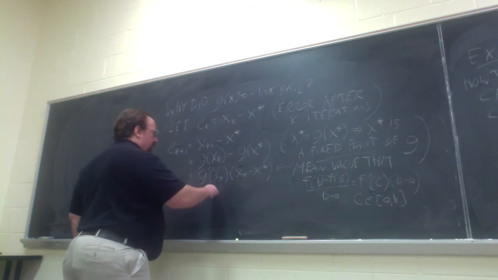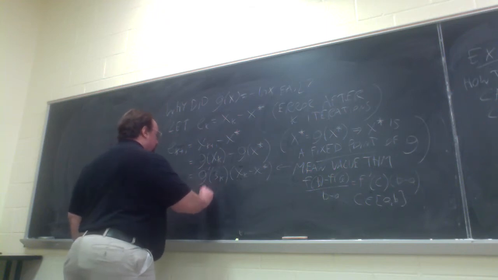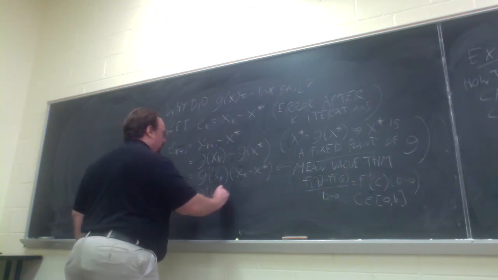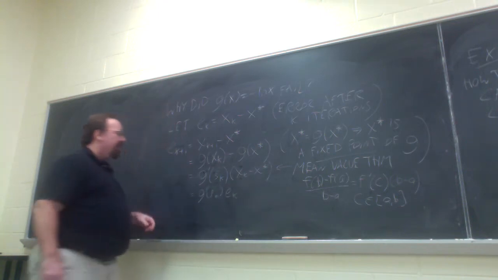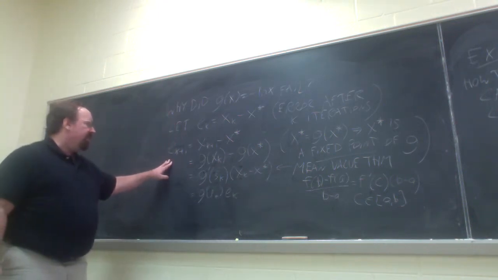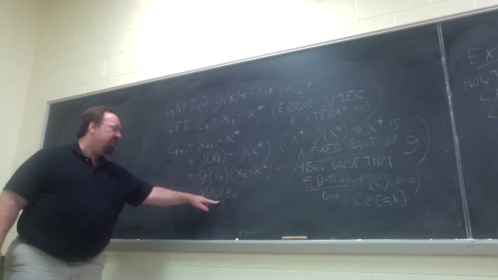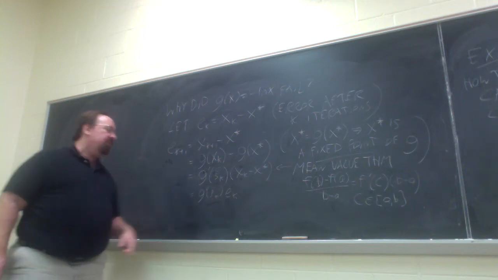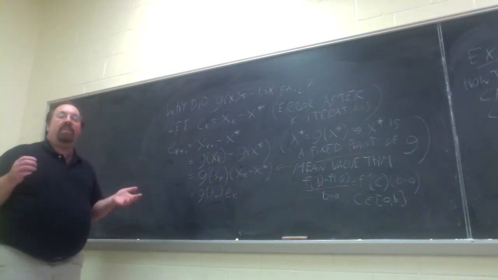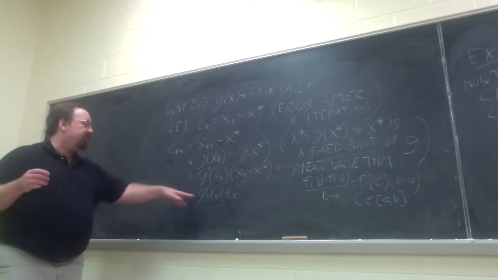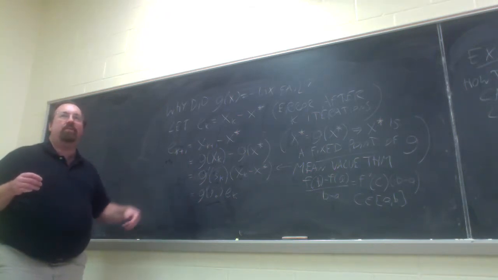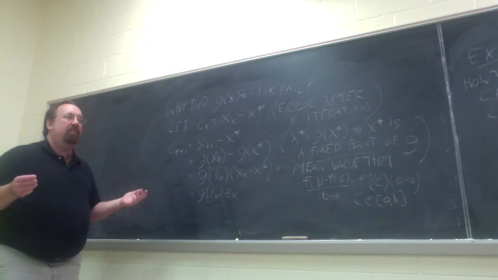So back over here, what we have is a derivative times e_k. So the error after k plus 1 iterations is equal to the error after k iterations times g prime at some unknown point in between. So what if this derivative is large in absolute value? For instance, if it's greater than 1 or less than minus 1.